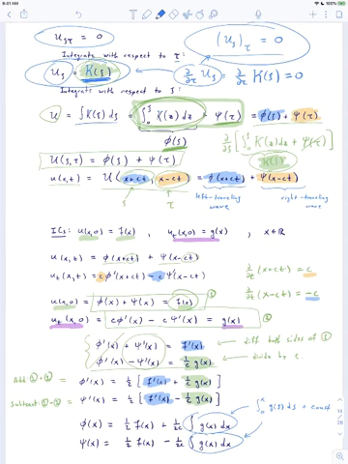And so if we want to determine what phi and psi are, we just simply integrate. So let's integrate phi prime. That gives us phi. So we're going to have this 1/2 term right there. You integrate f prime, that gives you f, and then you integrate 1 over c g at x.